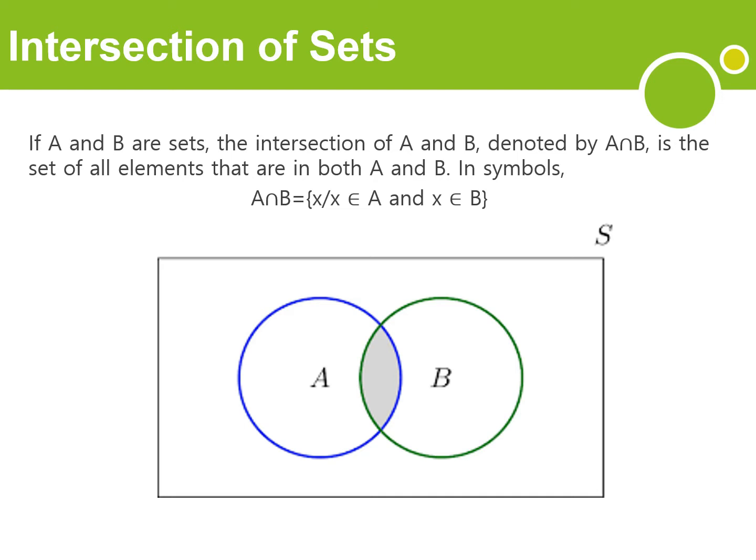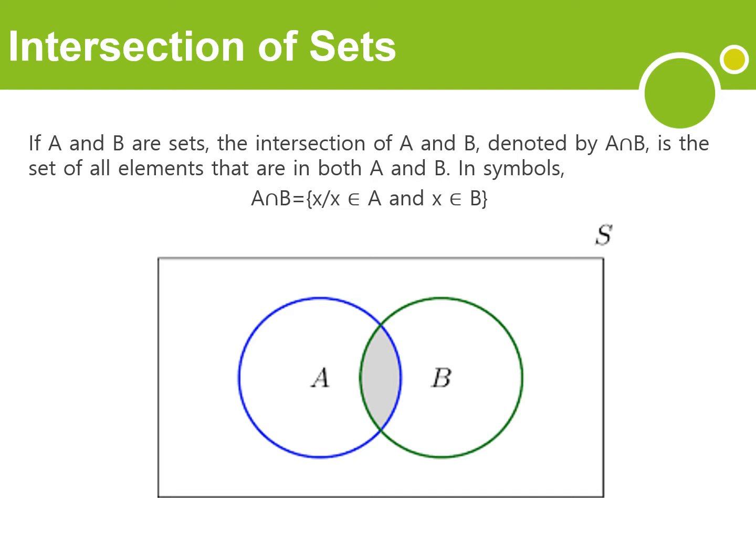So, the union of sets is the elements in all the sets. The intersection of sets is what is common, meaning, the elements that are in both A and B. Okay?